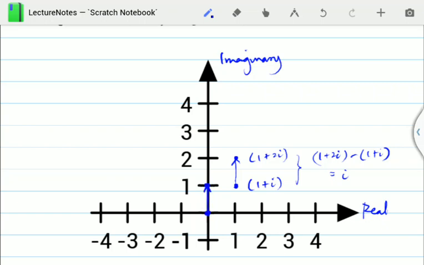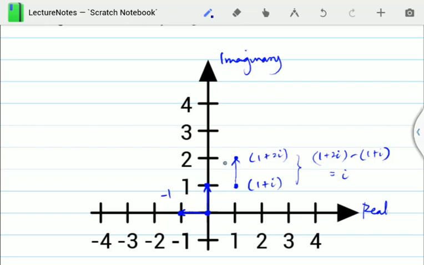So sometimes we say that these two are the same vectors. So what happens if you rotate this, which we know has length i? When you rotate this vector, it goes to -1, like we said: rotating it 90 degrees counterclockwise, you multiply it by i, so it goes to -1.